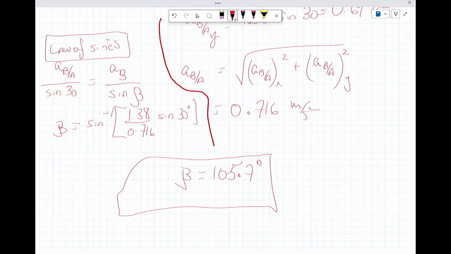For beta. You also have sort of the complementary angle, which is going to be 74.3 degrees if you carry it out to a whole bunch of significant figures.